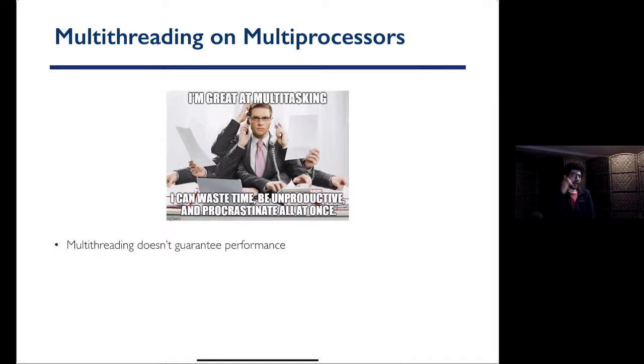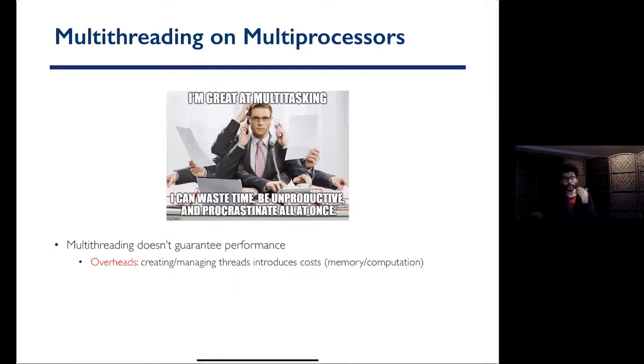Now, let's talk about multi-threading on a multiprocessor. Does multi-threading always guarantee performance? That's a question. And the answer is not necessarily, actually. As we saw, there are some overheads when we have multiprocessors.